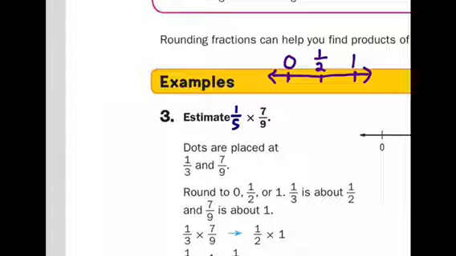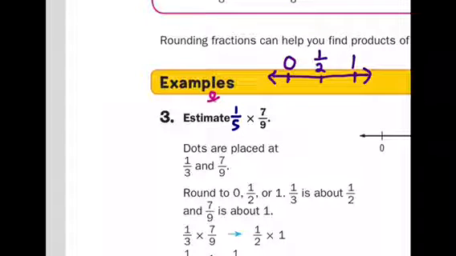So I know 0/5 is 0, and I know 5/5 is 1 whole. Halfway would be 2.5 fifths. So what is 1/5 closest to? Is it closest to 0, half, or 1? Well, 1/5 is really close to 0/5, so the first number is going to round to 0.